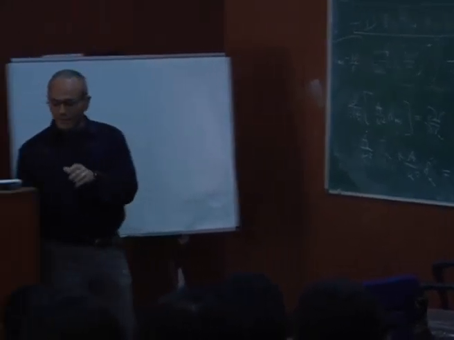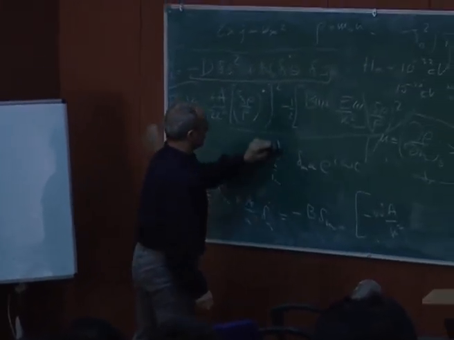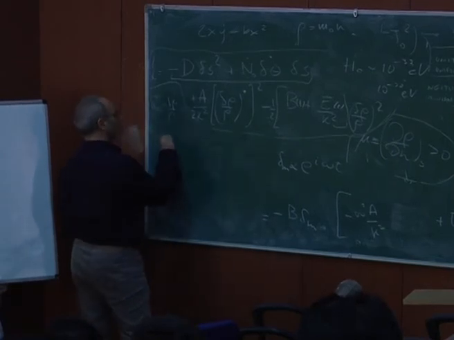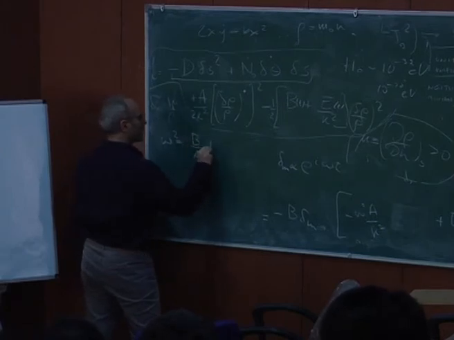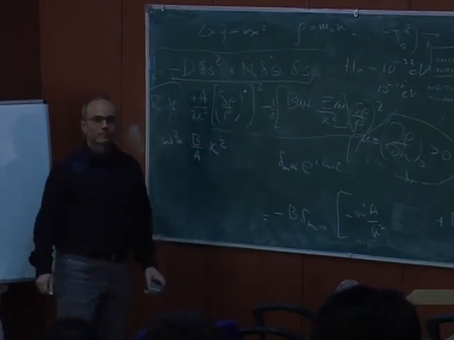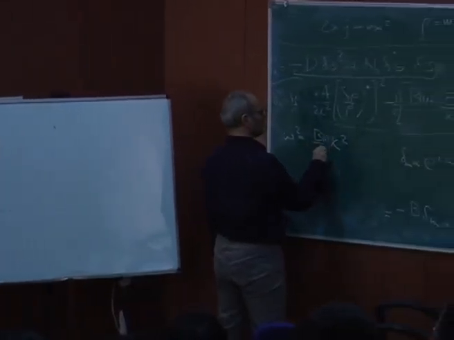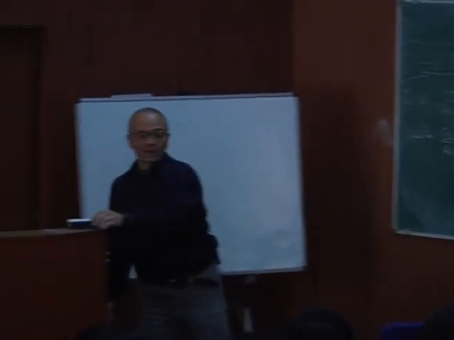Okay, so when I have this, then my wave has told me that I have omega square is equal to B divided by A k square, where this now is a function of time. How did you put A dot equal to 0? No, A dot is not equal to 0.